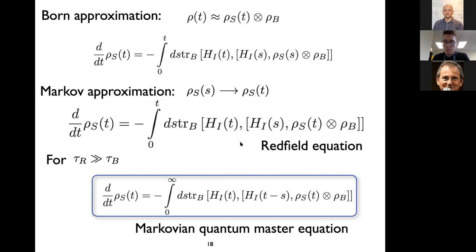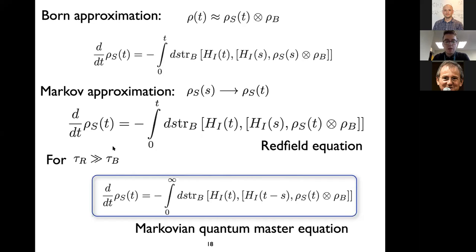This specifically refers to the reservoir correlation functions, which I'll introduce in a few slides. But this formal extension of the upper limit of the integral to infinity can be made using a separation of timescales argument.